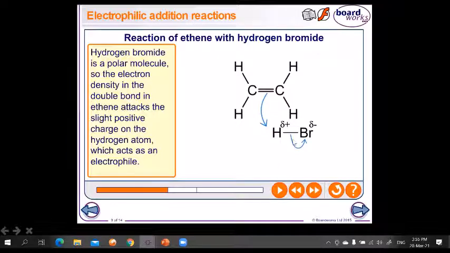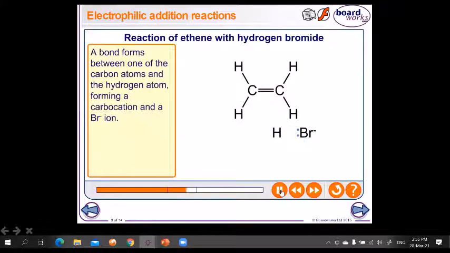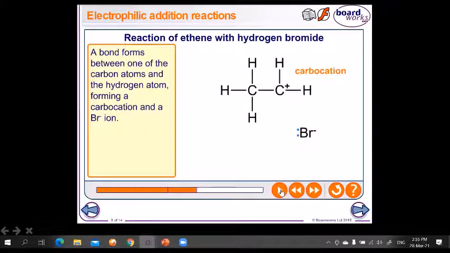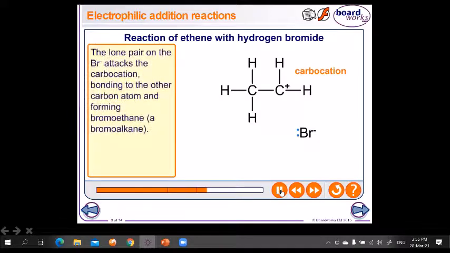That electron pair just goes to the Br. This forms the first bond. Then there's now a bond between that carbon and hydrogen. Then Br is an ion, and the Br will attack, or donate its electrons, to that carbon.